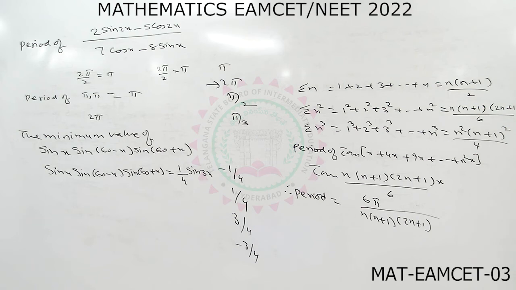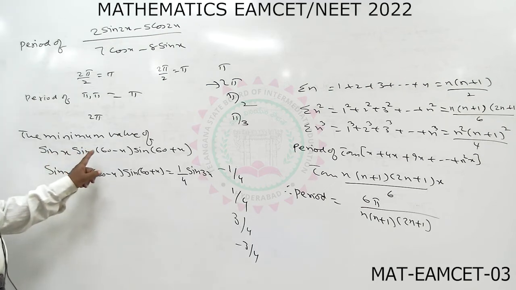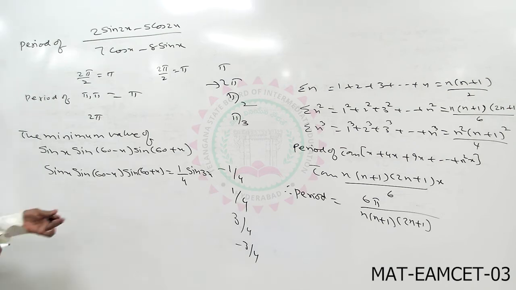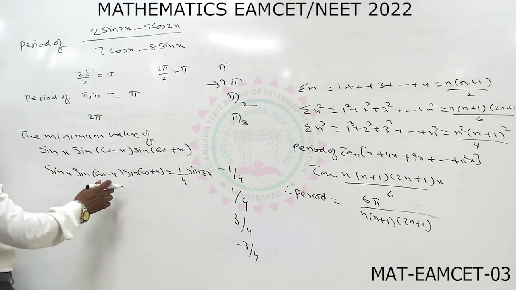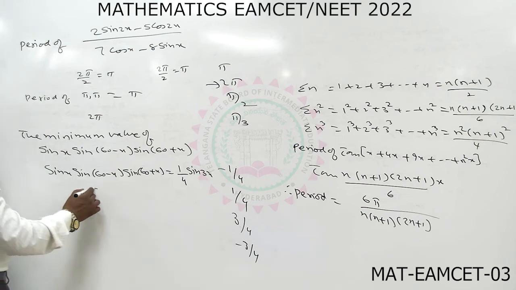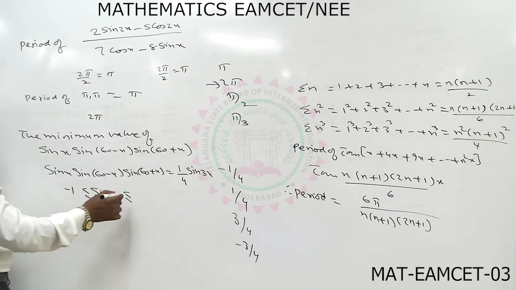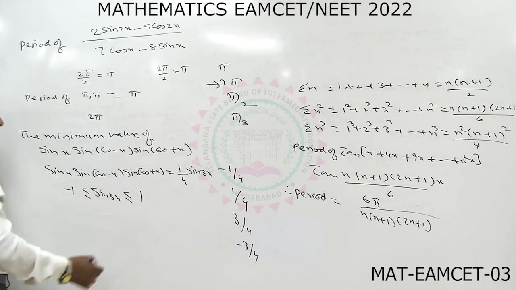1 by 4 sin 3x. Therefore, this is sin x sin(60 minus x) sin(60 plus x) equal to 1 by 4 sin 3x, and sin 3x lies between minus 1 and plus 1.